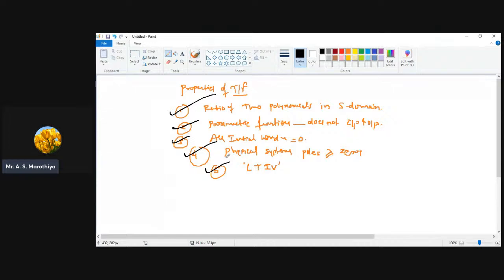This is very important. Now, once we understood what exactly transfer function is, what is the importance of transfer function, why we need to go for it: through transfer functions we are in a position to find out the poles, the zeros, and to define the system stability.